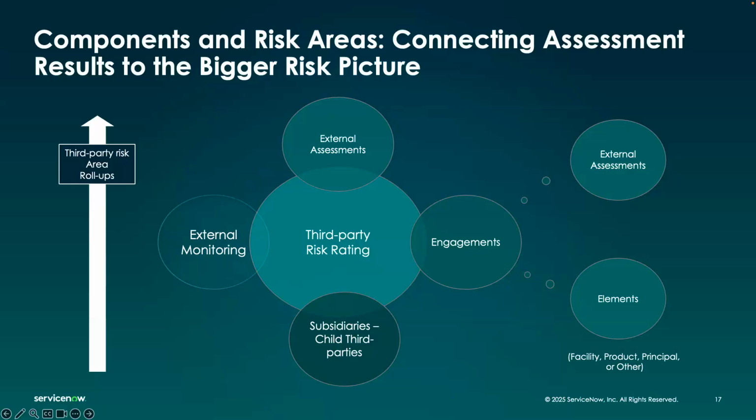These organizations can include facilities, products, individuals, or any other external entity that can be assessed or that can access the engagement systems, data, or facilities. Just like external assessments, elements are risk assessed using the same method to identify risks related to those external dependencies. This structure allows you to get both a high level view of engagements risk and a granular view of risk associated with a particular part of the engagement.